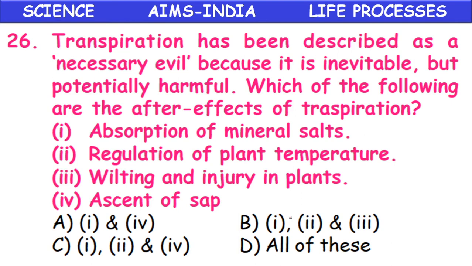Number 4, ascent of sap. So all these are related to transpiration only. Without transpiration, none of these processes occur in the plants. That's why it is considered as a necessary evil.